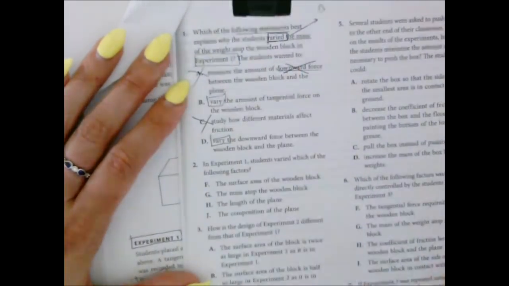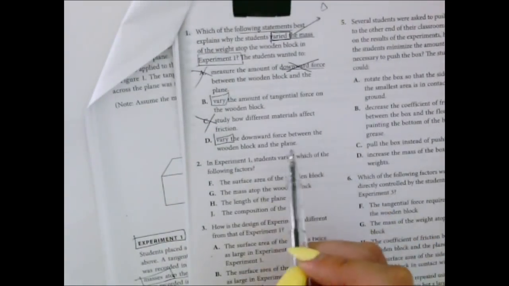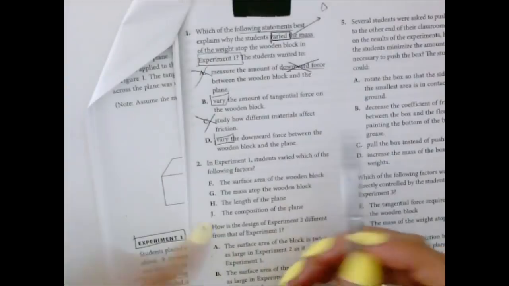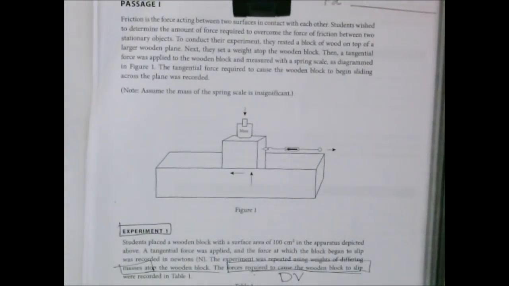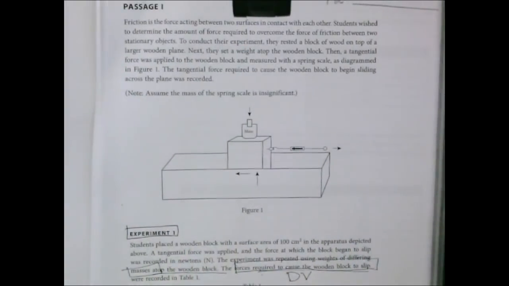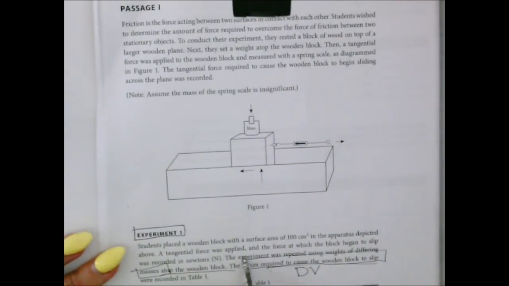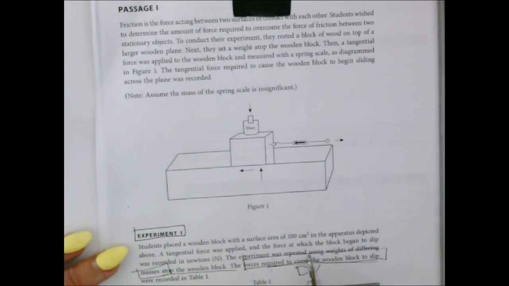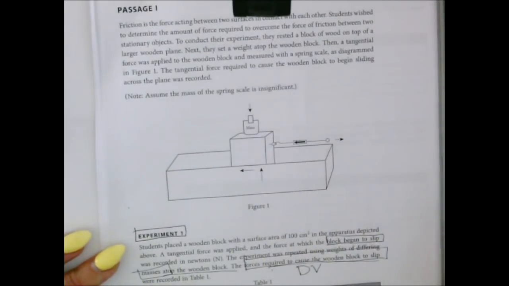So I'm going to cross off A and C. Now this says vary the amount of tangential force on the wooden block. And this is vary the downward force between the wooden block and the plane. So let's look at here if it has all the parts of the apparatus though. Right, so this says a tangential force was applied and the force at which the block began to slip was recorded.